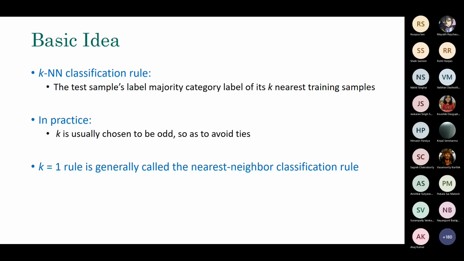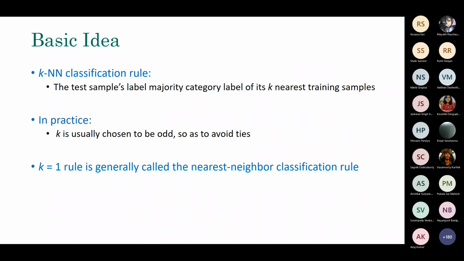So what I do is first compute the similarity between you and all the training samples, and then I choose the k closest training samples based on the distances. Now I know what the k closest training samples are.